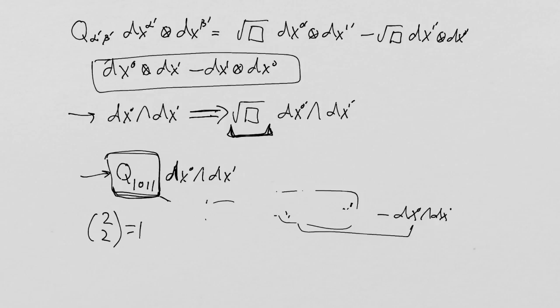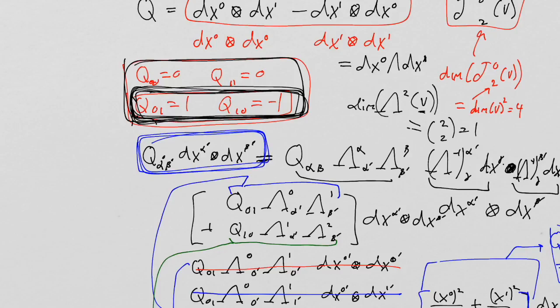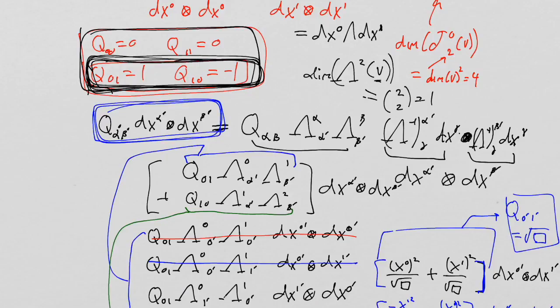But I should point out about this. When you go back and look at this, you'll notice that in the transformation of the Q01 component, you go through every alpha prime and beta prime, which is what ends up on the basis vector.